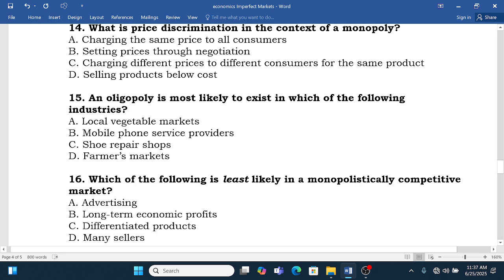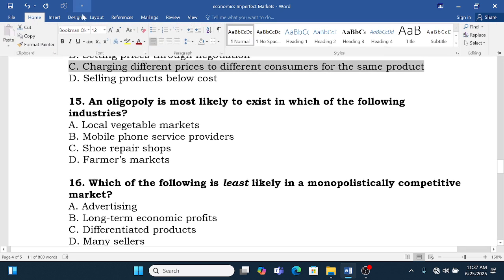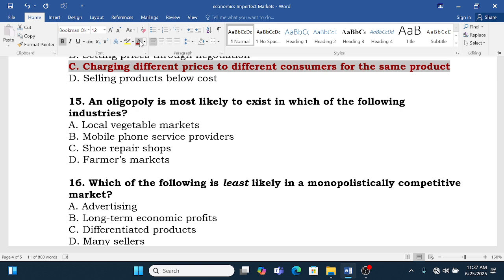D, selling products below cost. Here the correct answer is C, because when you are charging different prices to different buyers or consumers for the same product, it is called price discrimination. We go to another question.